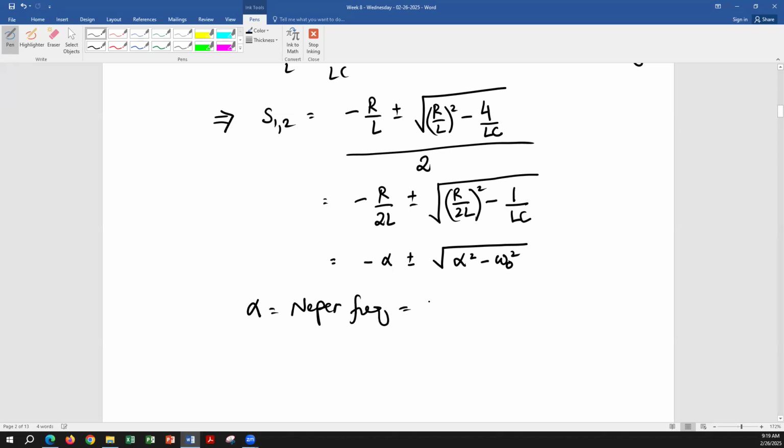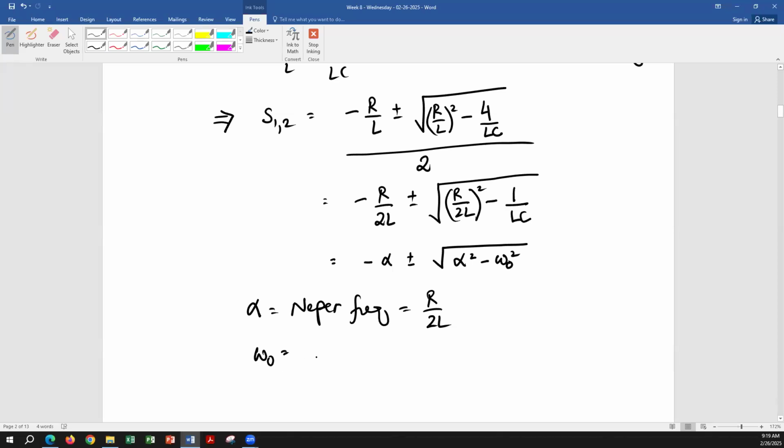Napier frequency is R over 2L. What was the Napier frequency for the parallel RLC circuit? 1 over 2RC. 1 over 2RC for the parallel RLC circuit and R over 2L for the series RLC circuit. So that's the only thing that is different. Everything else is the same. The process is the same. Omega naught, of course, is the same.